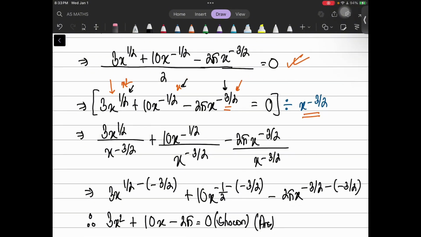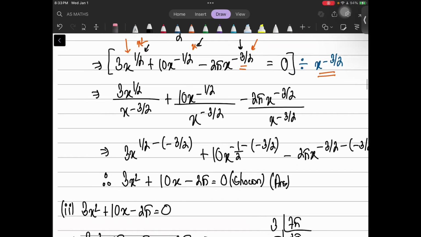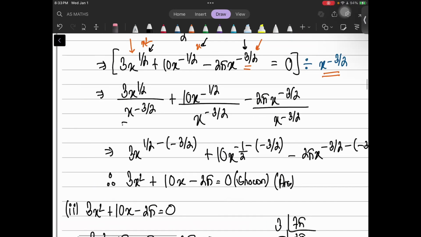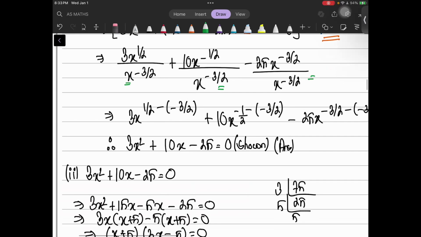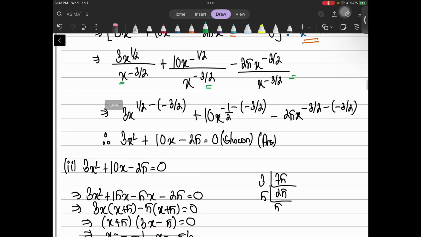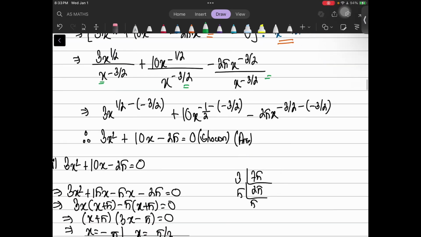So this is how you do it. And then I did it step by step. As both of these bases are the same and as they are in the division form, what you do is you subtract the powers.